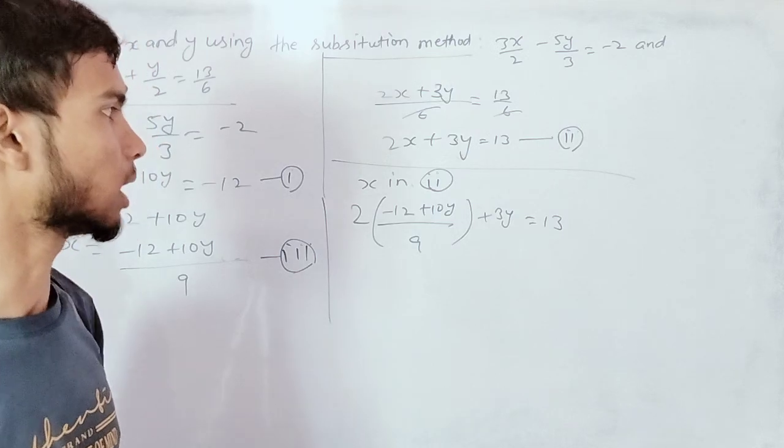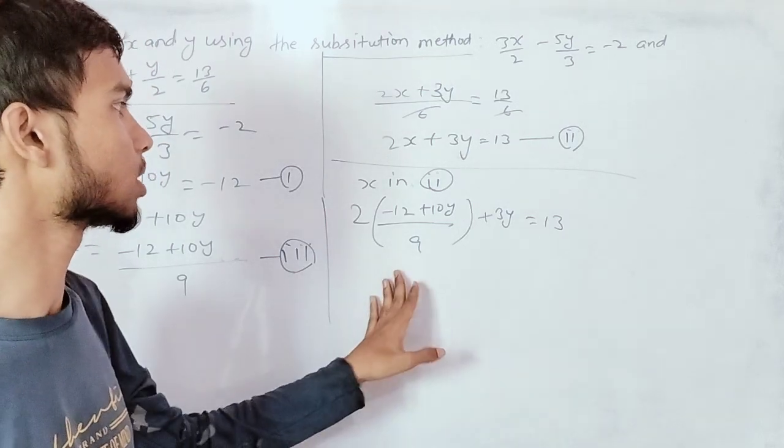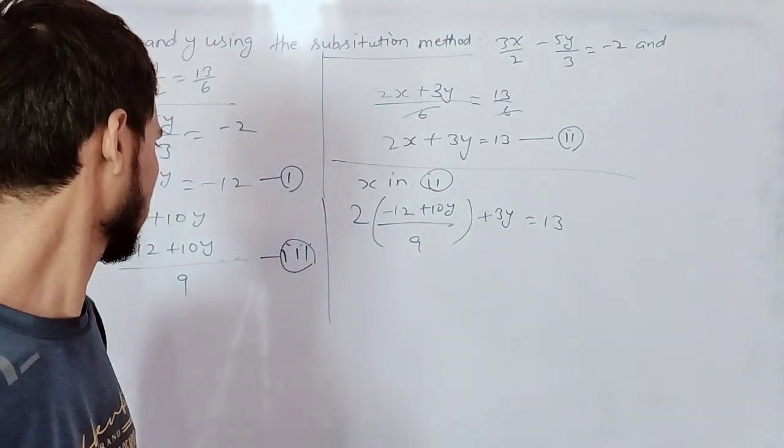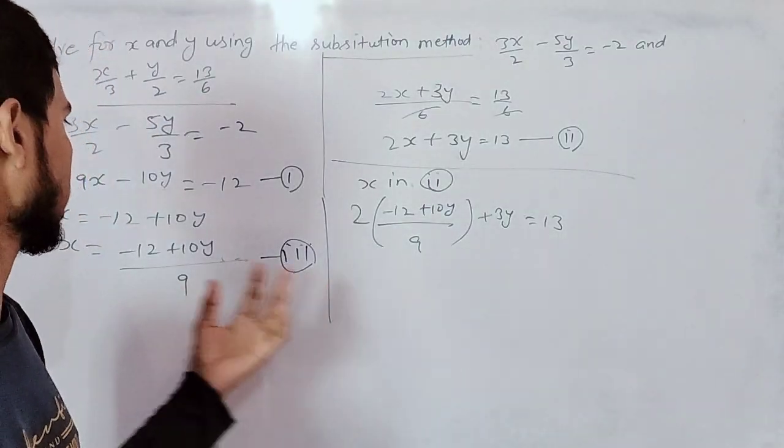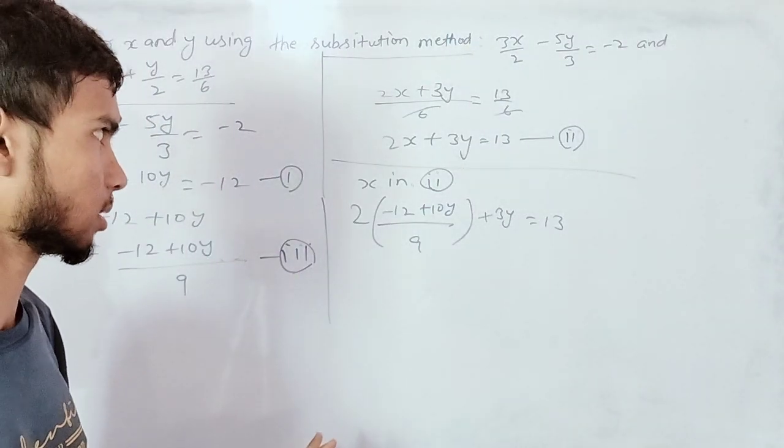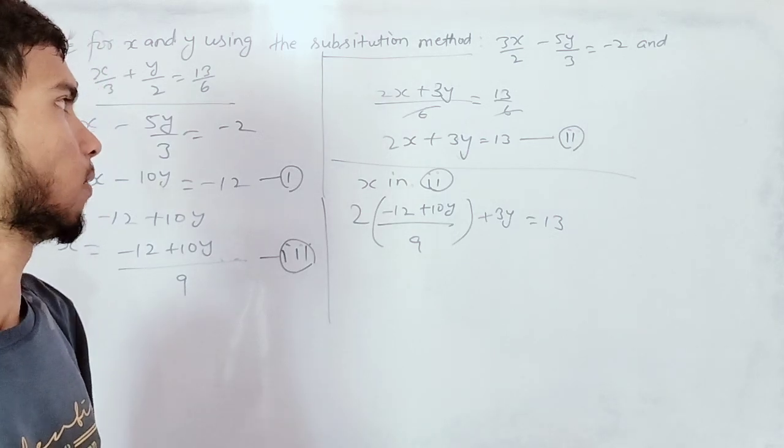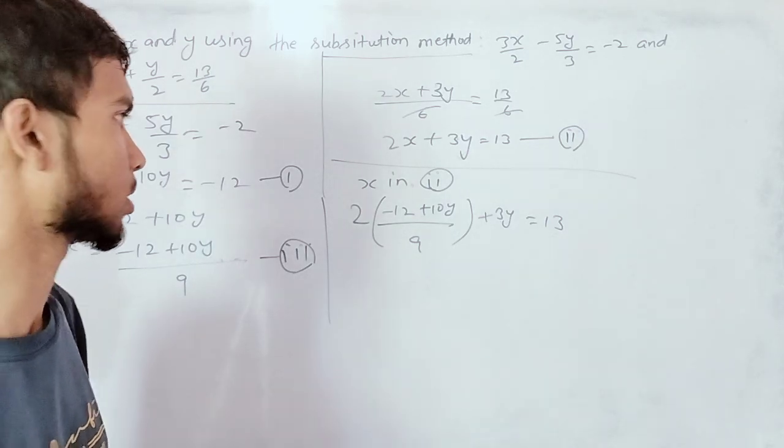Now we have a linear equation in one variable. From this equation we will get the value of y, then we will put the value of y in the third equation. That's it. We will get the values of y and x.